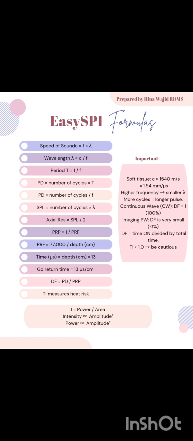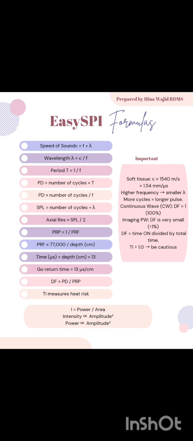Higher frequency means more attenuation and Rayleigh scattering and frequency relationship is also very important. When frequency increases 2 times, Rayleigh scatter increase 16 times because Rayleigh scatter directly proportional to frequency power 4.